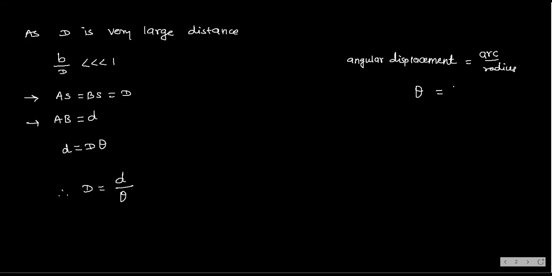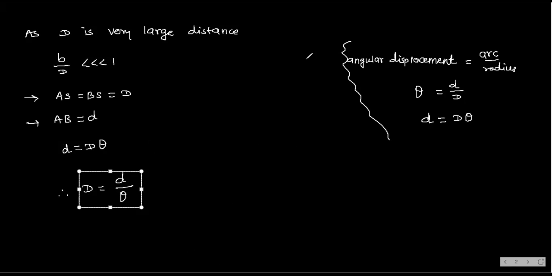Arc is small d. Radius is capital D. And therefore d is equal to capital D into theta, because this arc is nothing but small d, because the angle is very, very small, and therefore capital D is equal to small d by theta. Okay, so from this formula we will get the distance.